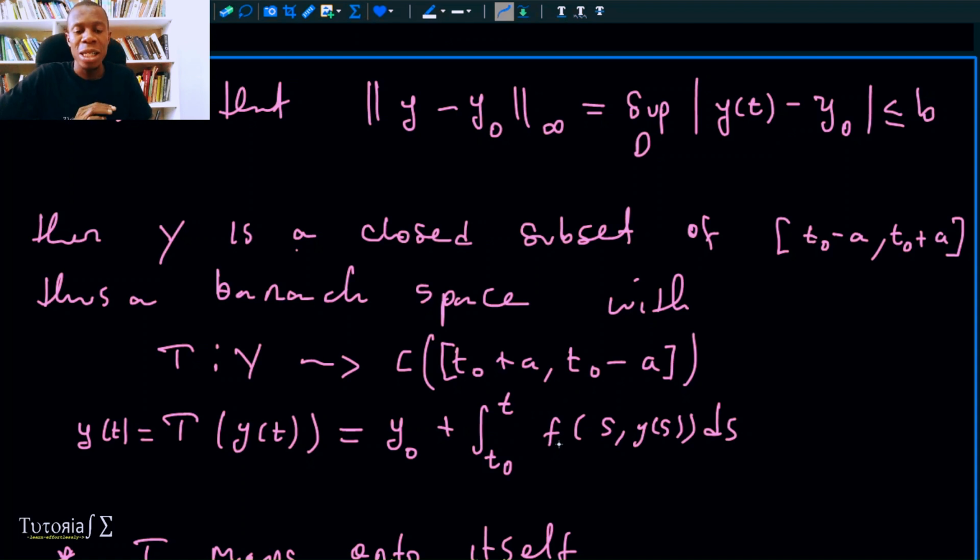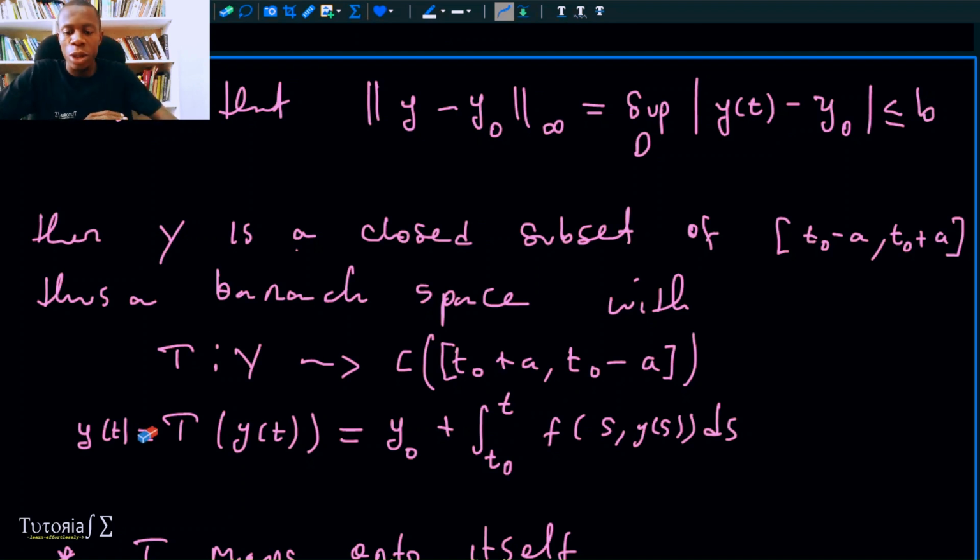For uniqueness, we just need to show that this transformation maps onto itself and that it is a contraction. Then from there, we can conclude that y(t) is a unique fixed point in B. So that is all that we're going to do.